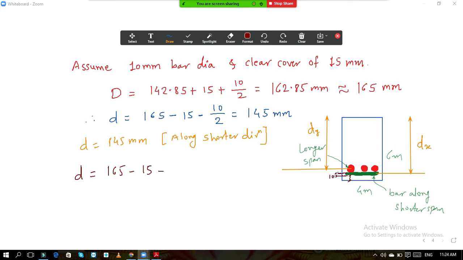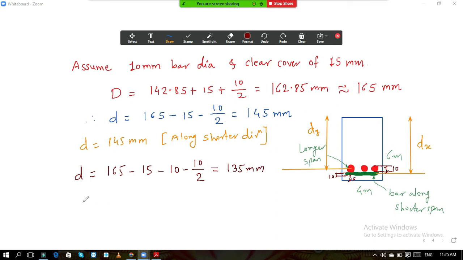So this is 10 mm bar minus, now again this bar which we are going to assume is also 10 mm diameter bar. So up to the center of this bar, so minus again 10 by 2. So if you do this, you will get the value, and that value is 135 mm.